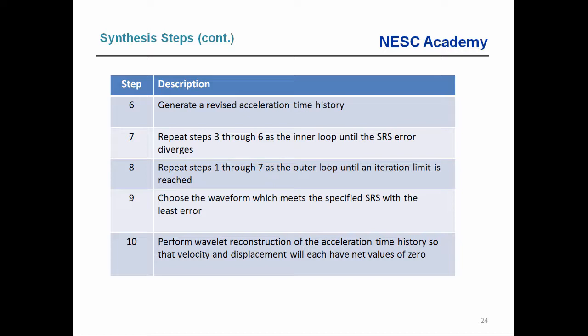When we do this type of base input analysis, we're not interested in the absolute displacement. What we're really interested in is the relative displacement between 2 points, or between 2 degrees of freedom. That relative displacement becomes important because strain is proportional to relative displacement, and stress is proportional to strain. So for our stress analysis, we want to know what the relative displacement is.